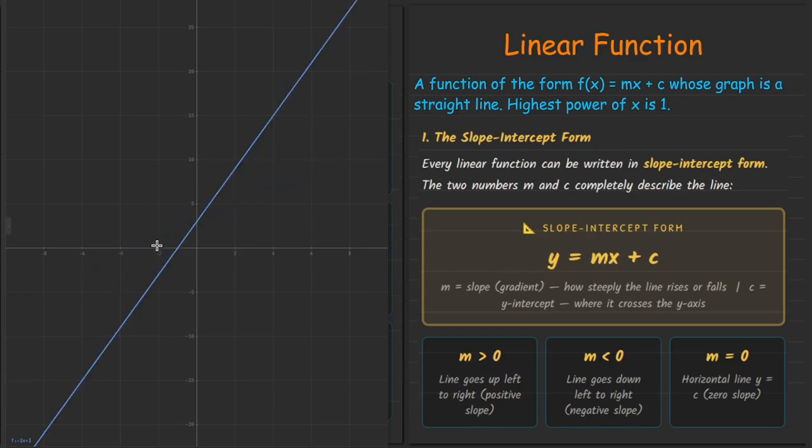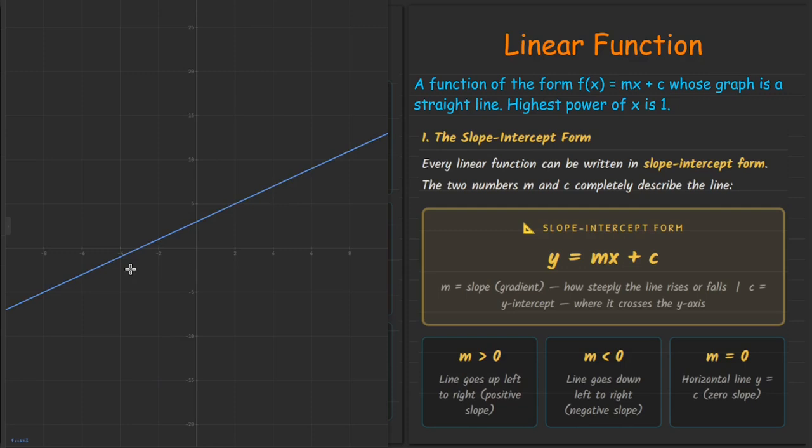If I make it 3, you see how the steepness changes as well. If I make it 4, it changes. If I make it 5, it changes. 6 also changes. And you realize that the steepness keeps going up.